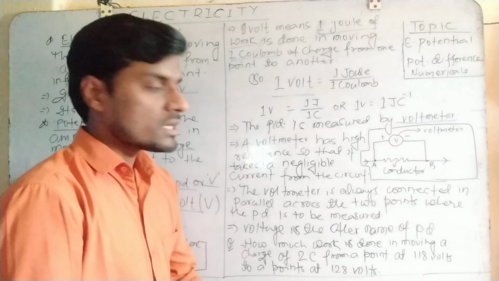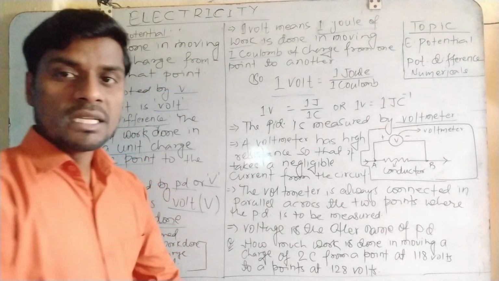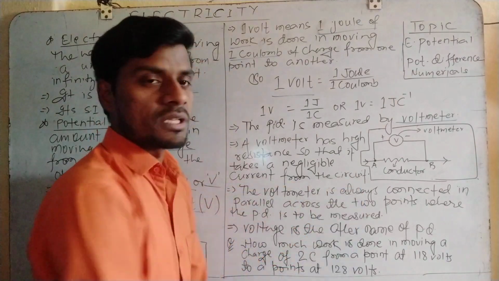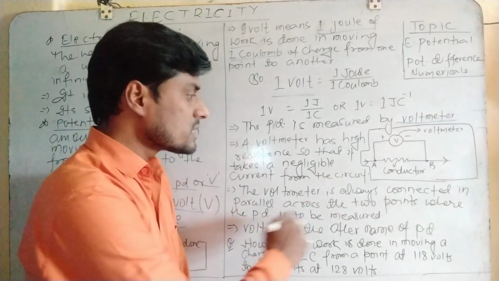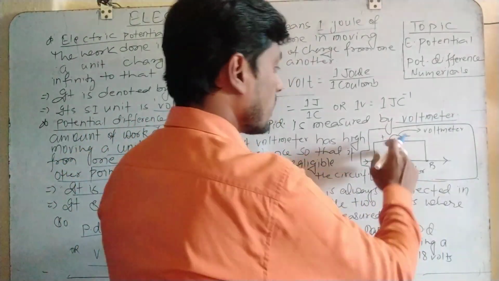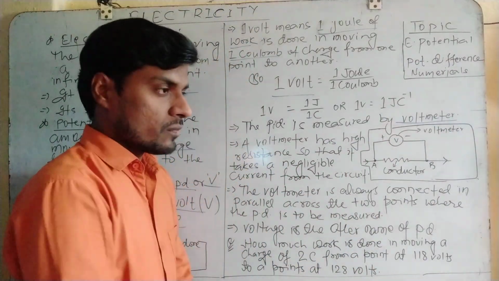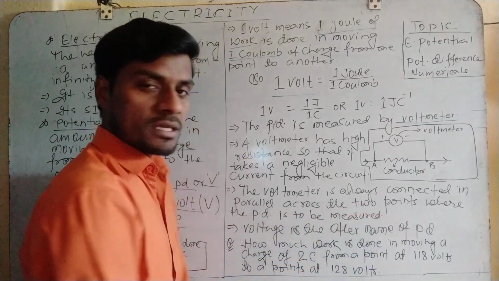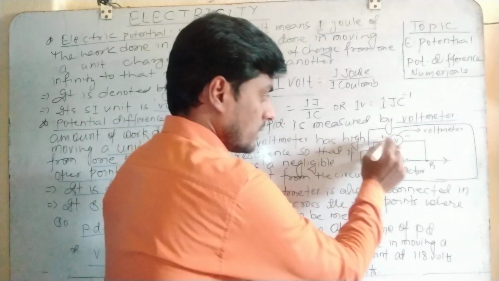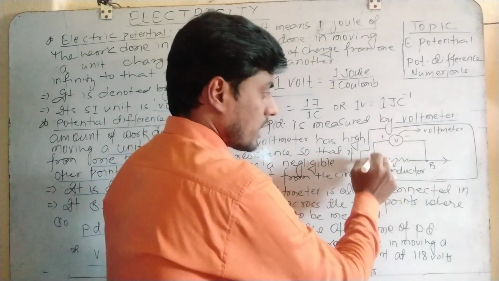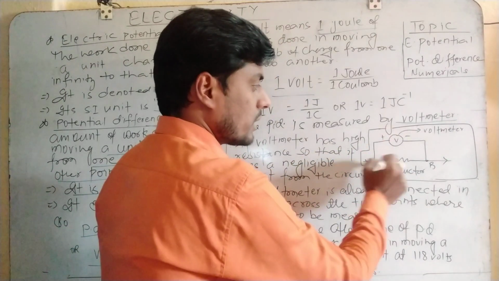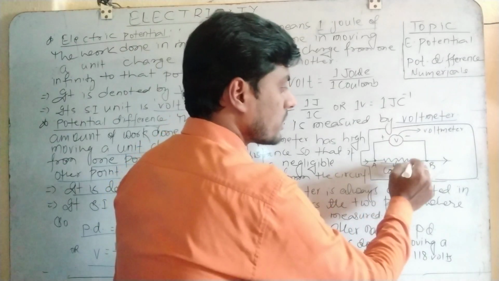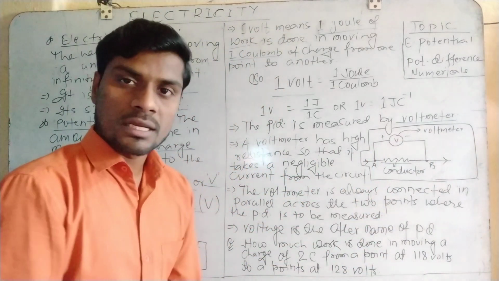Voltmeter always has high resistance so that it takes negligible current from the circuit, and it is always connected in parallel across the 2 points where the PD is to be measured. That means here the voltmeter is attached in parallel from A to B to measure the potential difference of this conductor. So it is always connected in parallel.